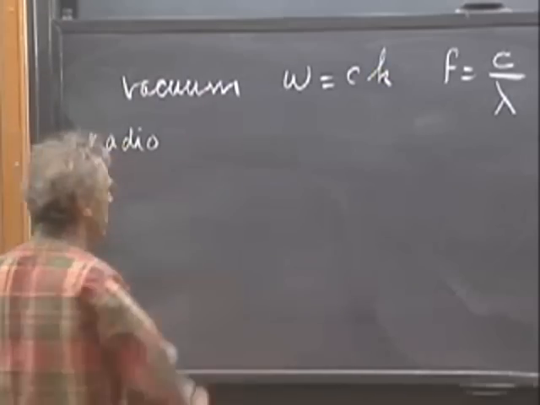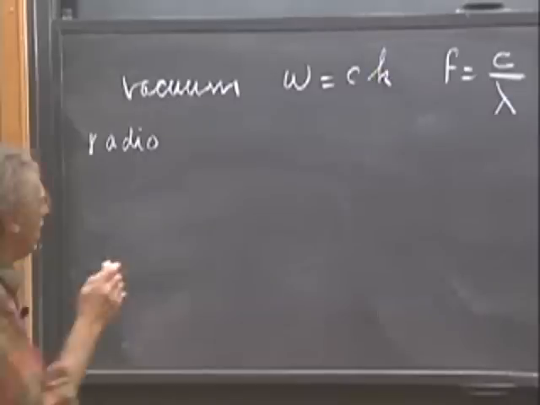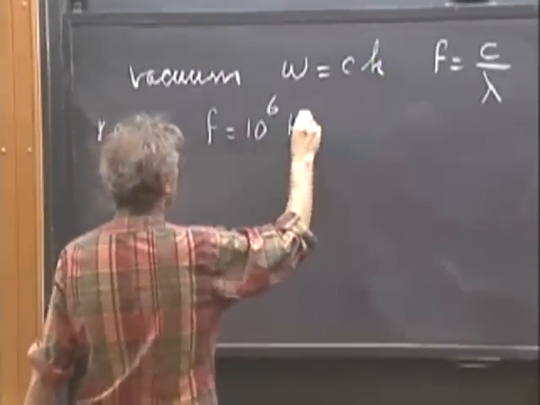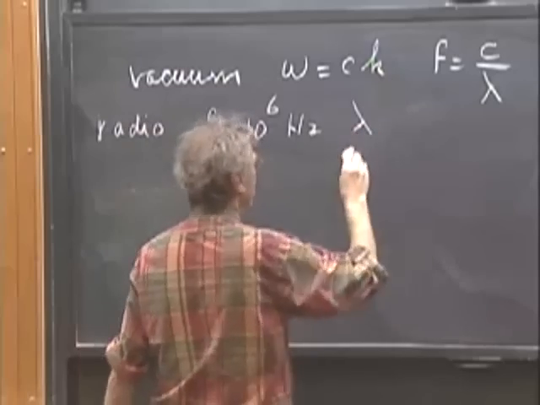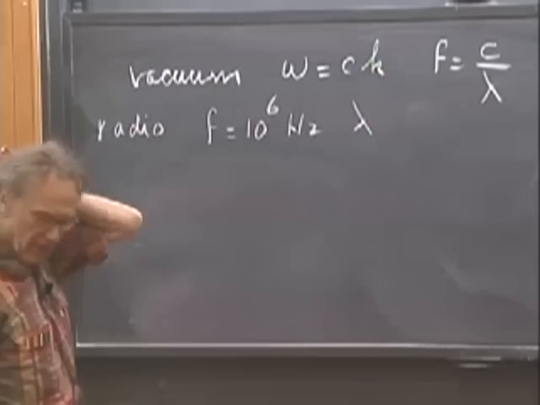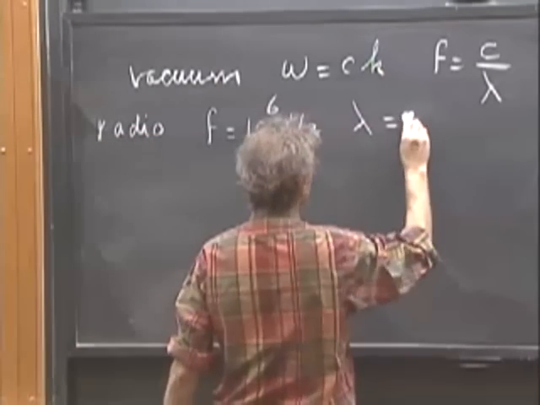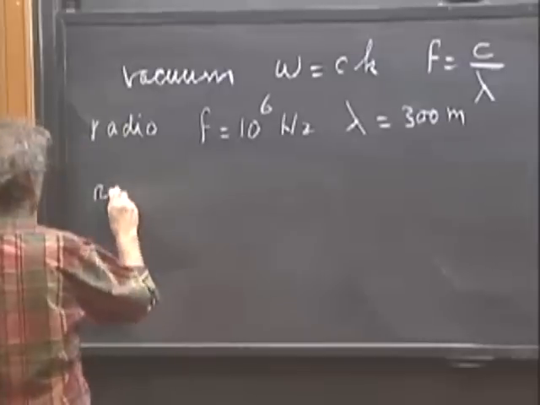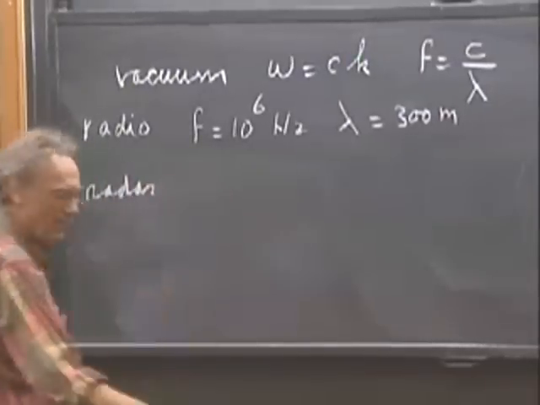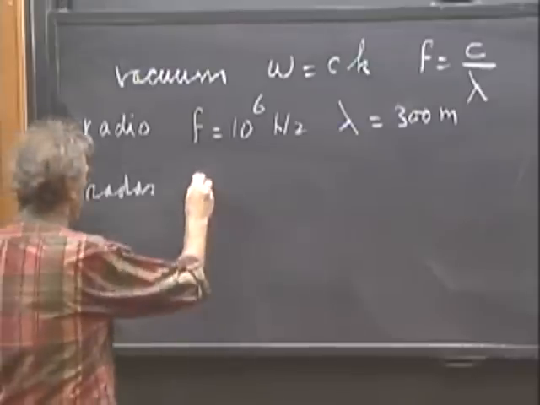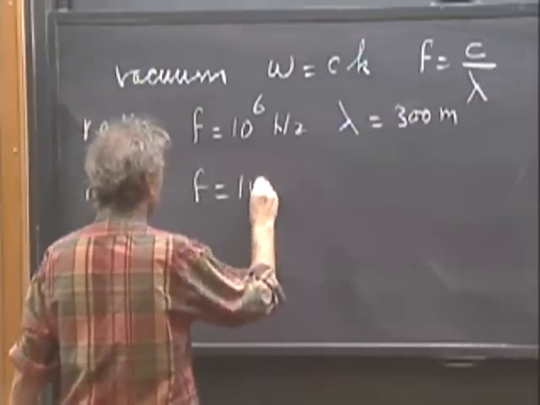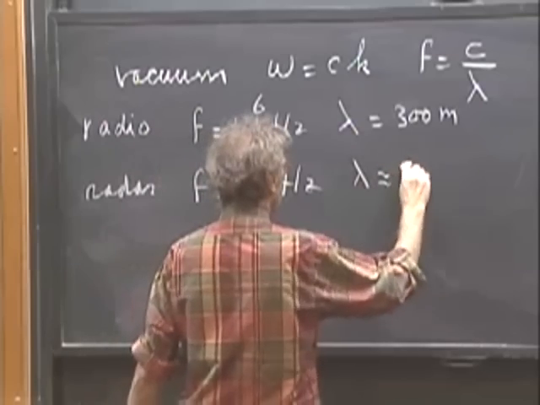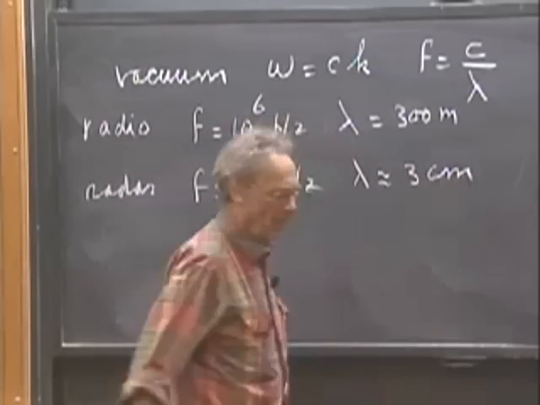Let's say we take a frequency of about 1 megahertz, 10 to the 6 hertz. That would give you a wavelength of about 300 meters. You can use this equation. If we go to radar, which we have right here in front of us, the frequency is about 10 gigahertz, 10 to the 10 hertz, and so you have a wavelength of about 3 centimeters.